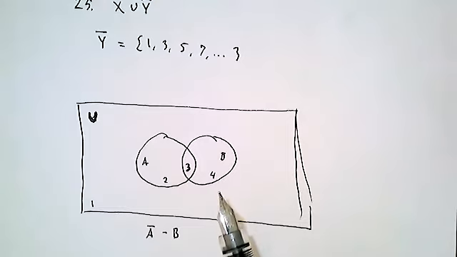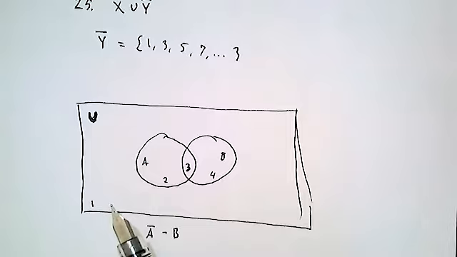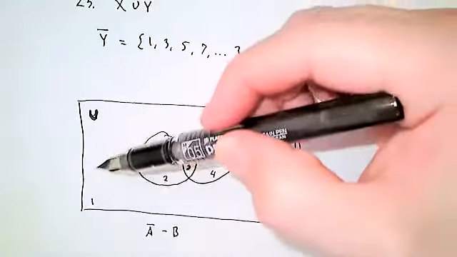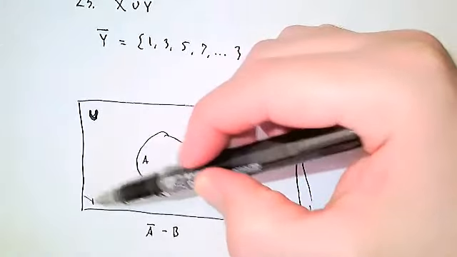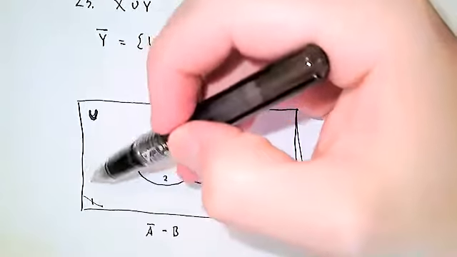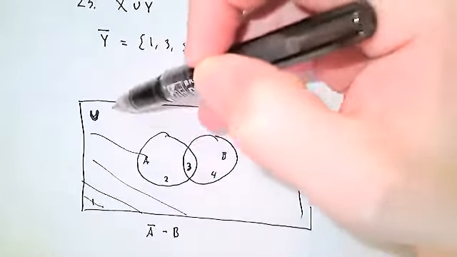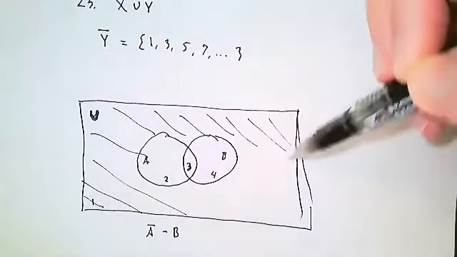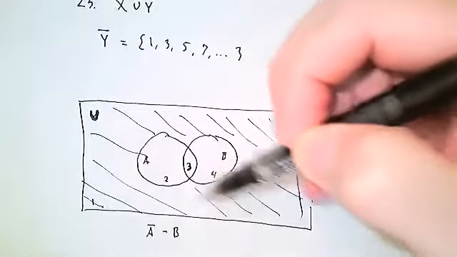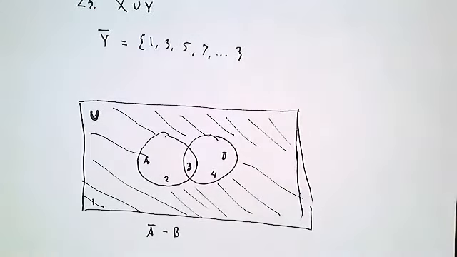Which region? The 1. Right. So to answer this question, you would just shade in that region, so everything out here. Okay, that's what I thought. I just wanted to make sure.